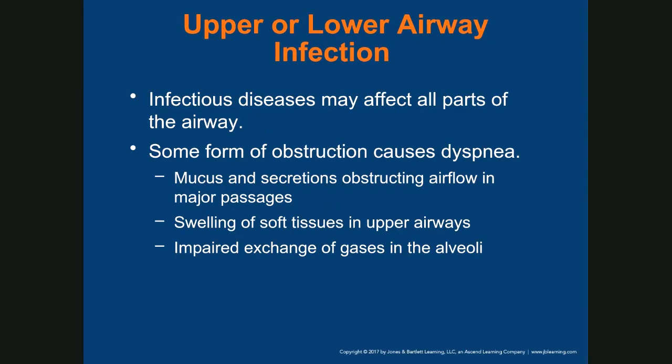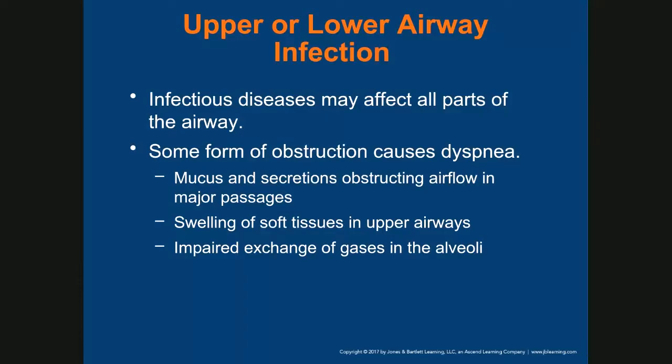Now, upper or lower airway infection. Infectious disease may affect all parts of the airway. And when you're going through this portion of the slide, you need to have a little section in your notebook to classify infections that will affect the upper airway and problems that will affect the lower airway, right?